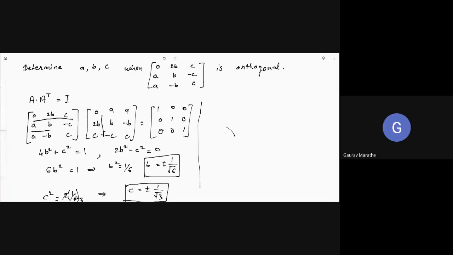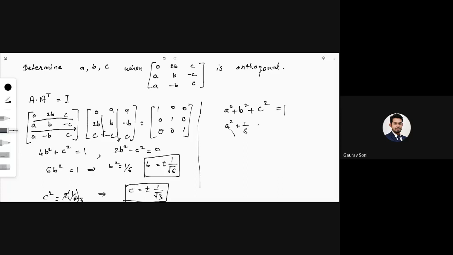Third row is multiplied to third column. So this way, what we'll get, a square plus b square plus c square is equal to 1. Now you put b and c there. A square plus 1 by 6 plus 1 by 3 is equal to 1.